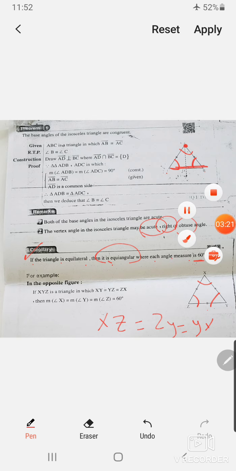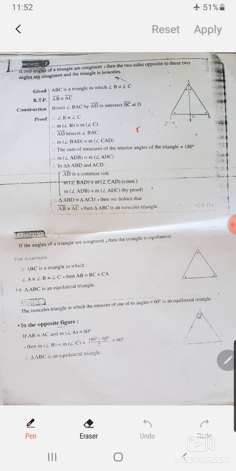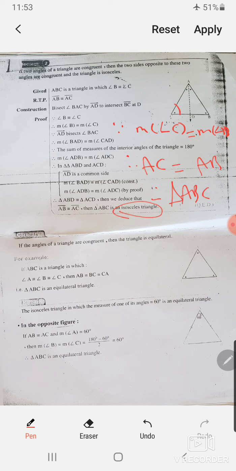Now let's take the converse of the theorem. Here is the converse of the theorem. If you have measure angle C equals measure angle B, then therefore AC equals AB, the sides are equal, so the triangle ABC is an isosceles triangle.